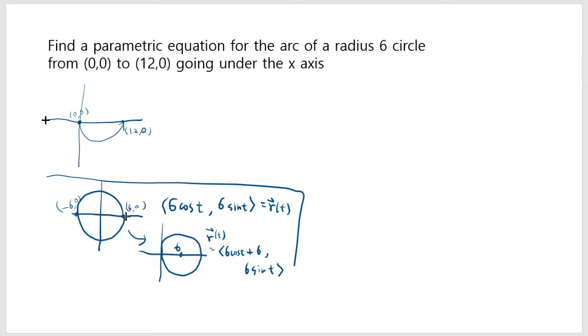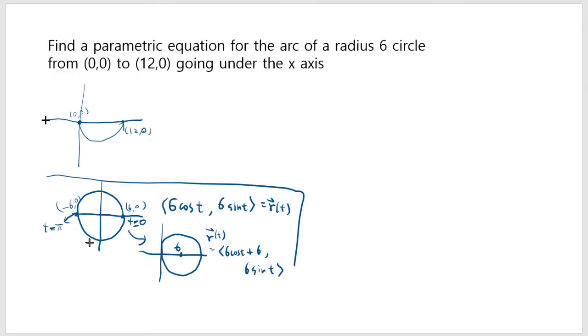So remember, this would be when t is 0, and this would be when t is equal to pi, because when t is pi, cosine pi is -1 and sine pi is 0, so you do get (0, 0).